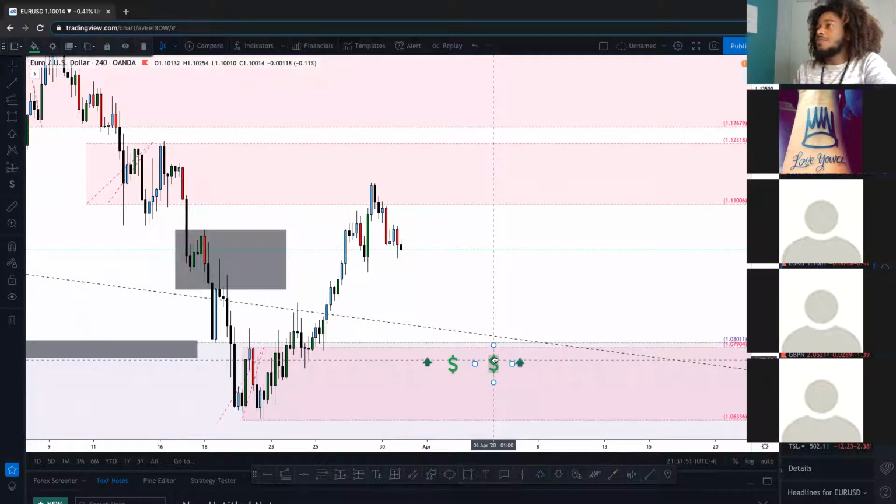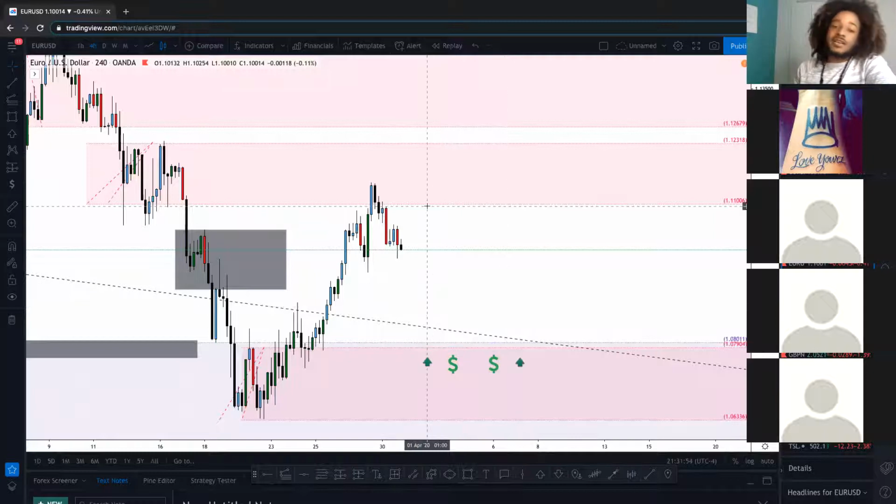So we know where the money is. If this market wants to go to the moon and doesn't have enough money to get there, it has to come down and find the buy limits down here to go up, right?